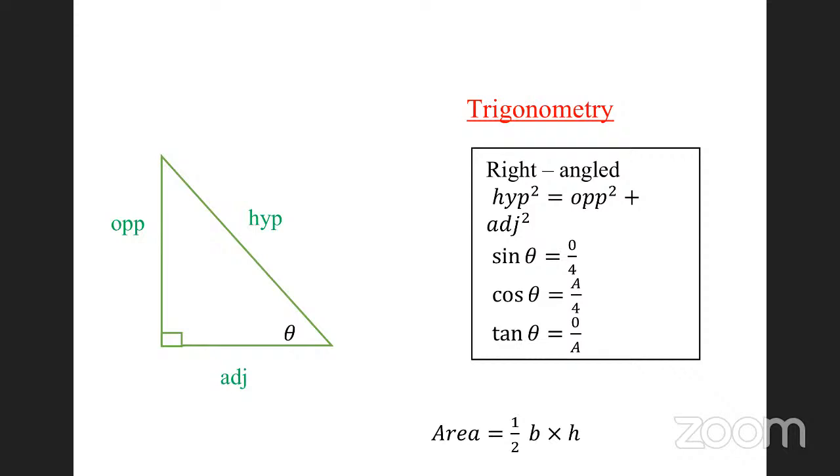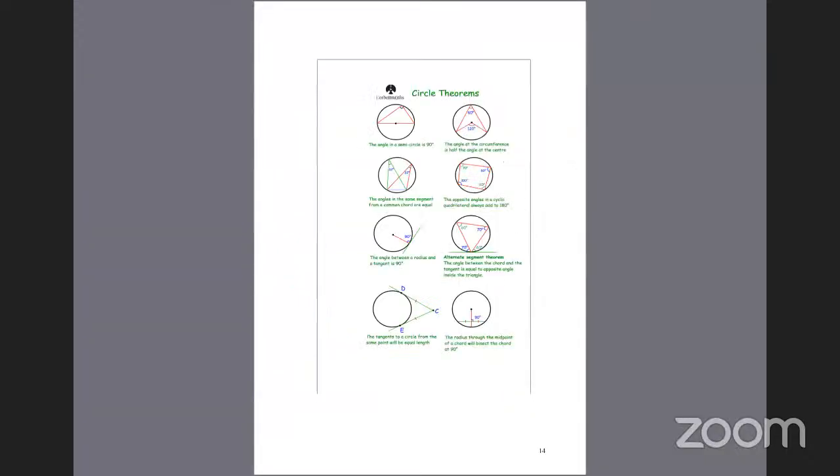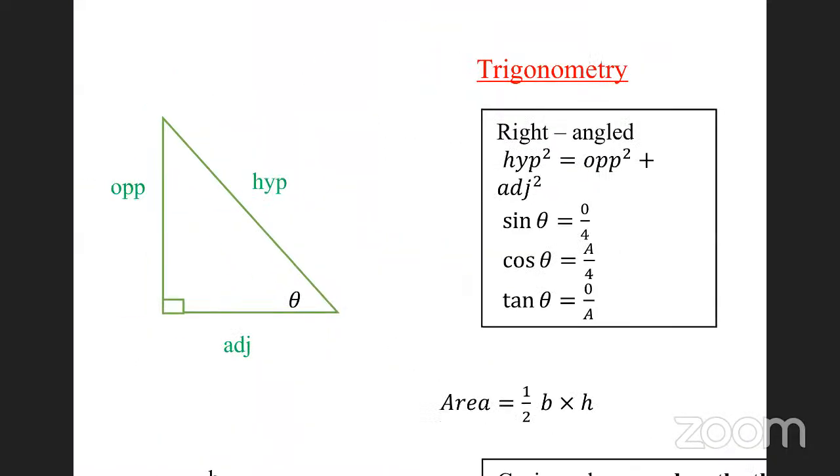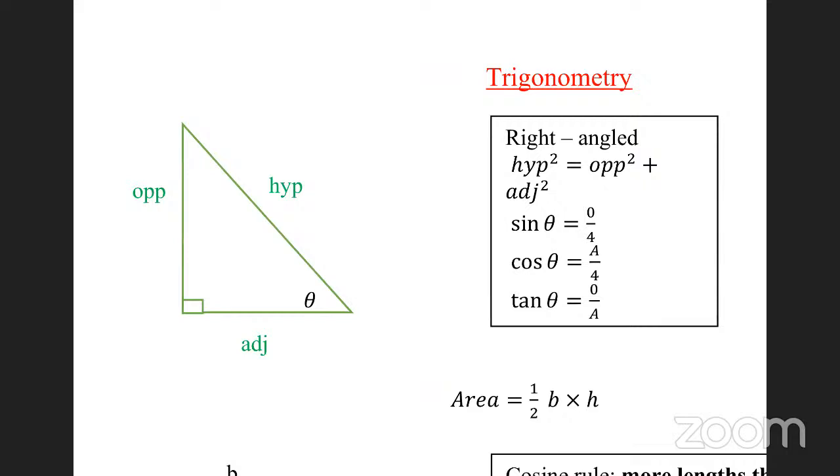Right? Trigs, right? So we are looking at two types of triangles: right angle triangles and non-right angle triangles. For right angle triangles, as soon as they identify as a right angle triangle, we're using Pythagoras theorem and trig ratios.